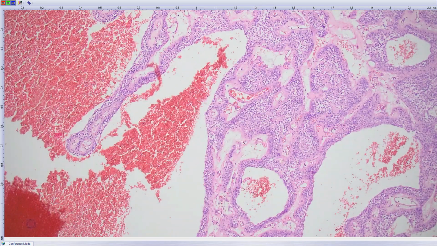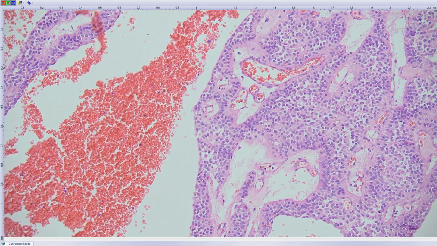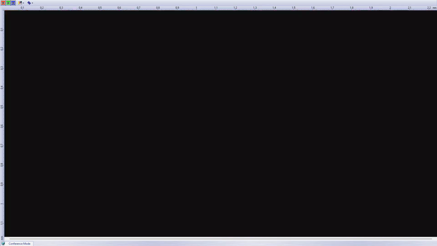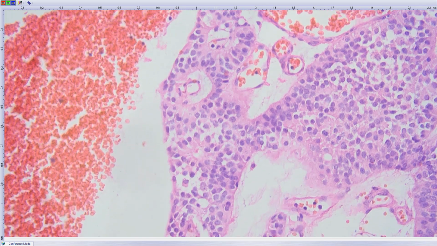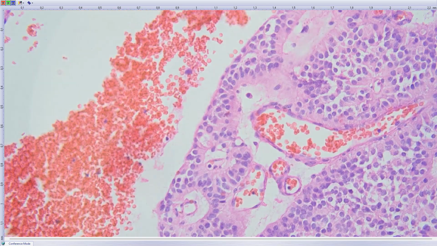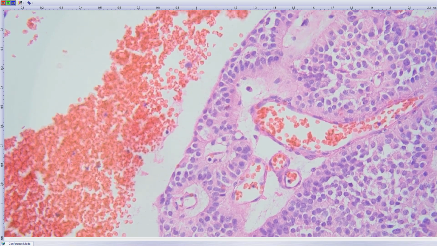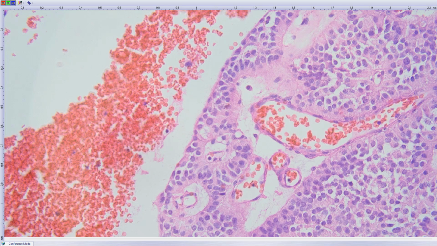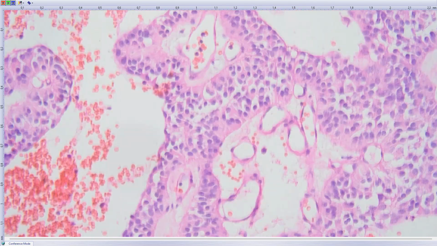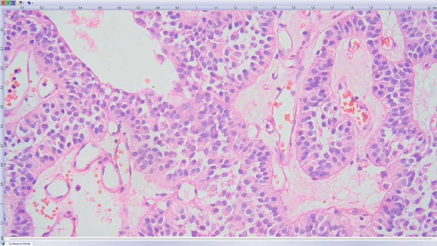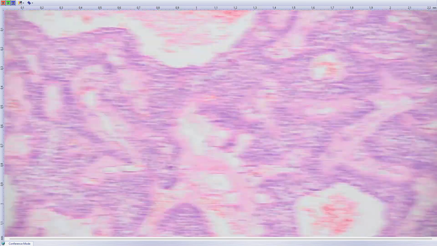And in high magnification, you can see these relatively cytologically blunt cells with brown nuclei, salt and pepper chromatin, eosinophilic cytoplasm, forming these perivascular pseudorosette-like structures, a little bit reminiscent of ependymoma, and trabecular structures, or let's say adenomatoid structures.